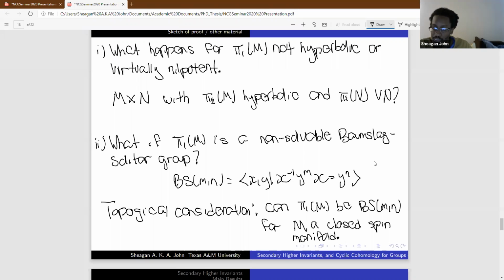Right, right. So yes, I suppose that I should specify that I'm thinking about more naturally occurring closed spin manifolds than those purposefully cooked up to satisfy this condition.